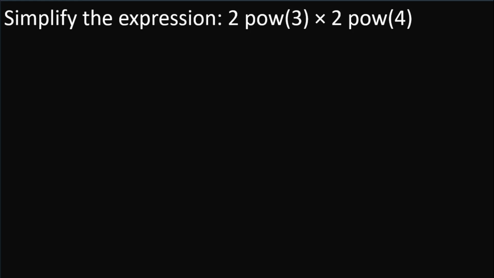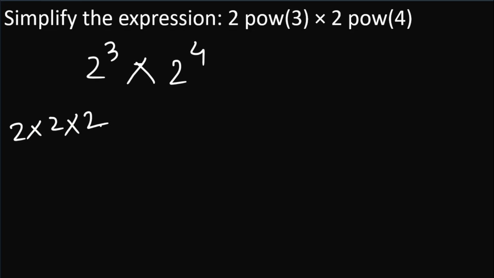So let's come to another problem. Simplify the expression 2 to the power of 3 times 2 to the power of 4. 2 cubed means 2 multiplied by itself 3 times: 2 times 2 equals 4, times 2 equals 8, and another 2 to the 4 is 16.